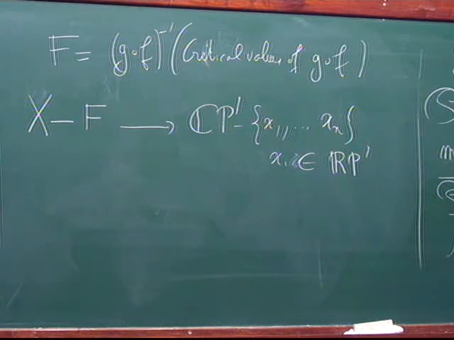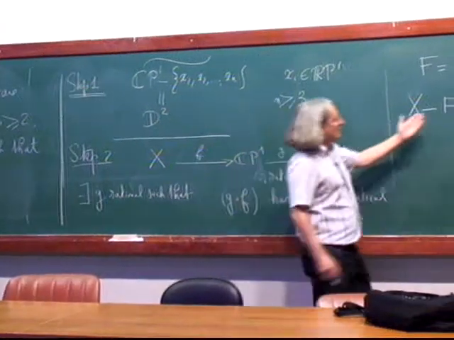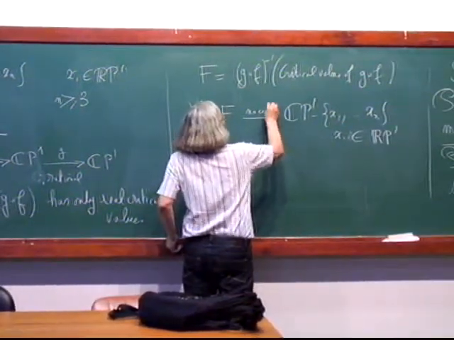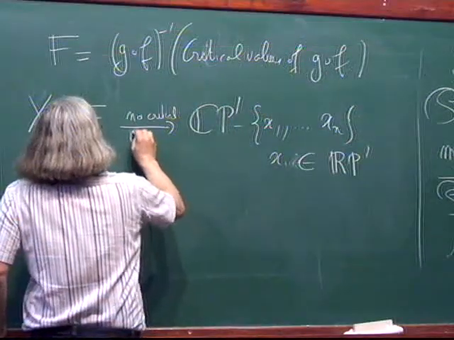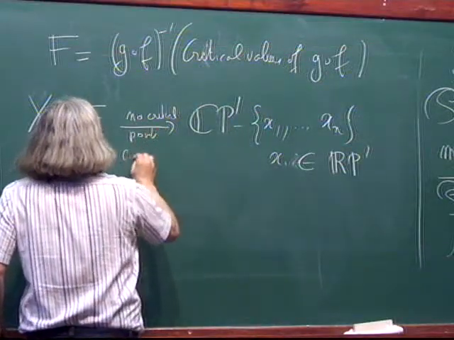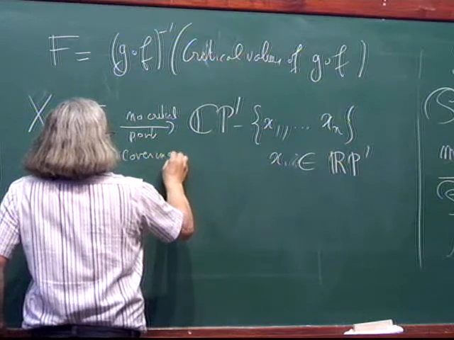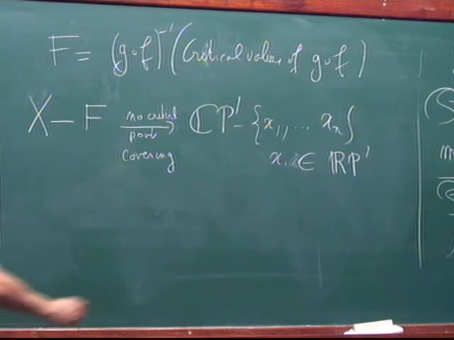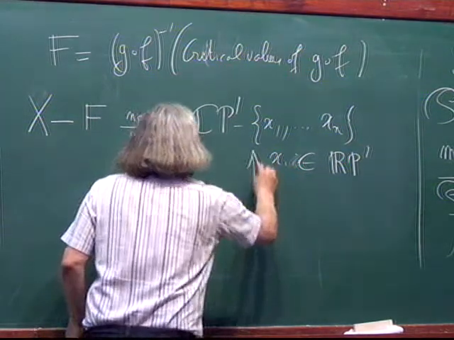And now, since you know by step 1 that this object is covered by the disk, and since this map has no critical point, in other words, is a covering space, you can just pull back the cover by the disk that you have here.